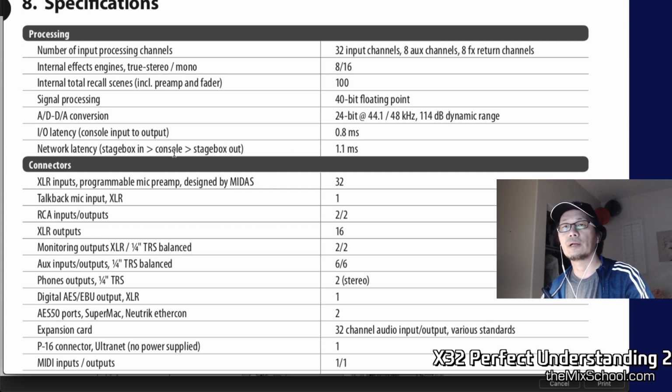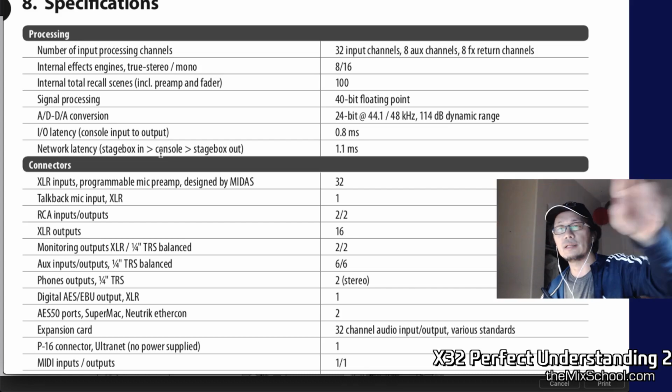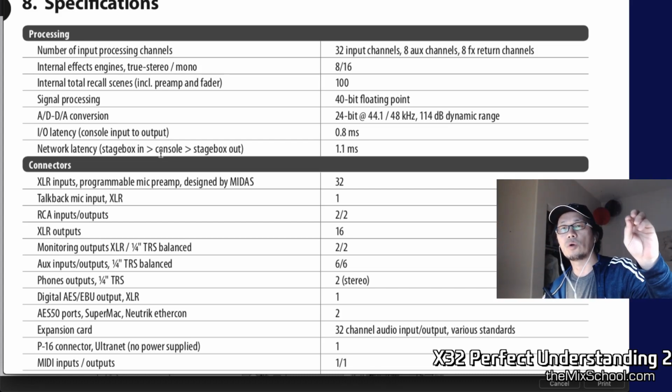And also network latency. It says network, right? Everything is kind of networked. So stage box out, console, and stage box in. When you connect the audio signal into the S16, the network cable carries the signal into the console and back to the S16 and out.